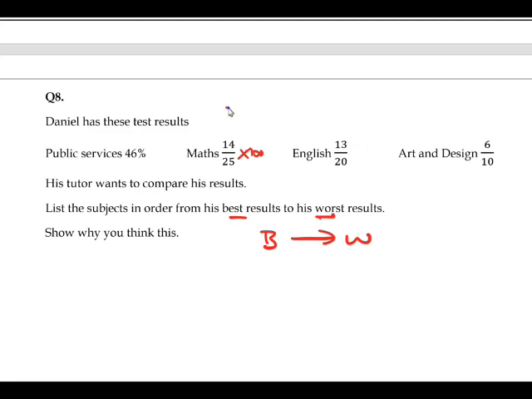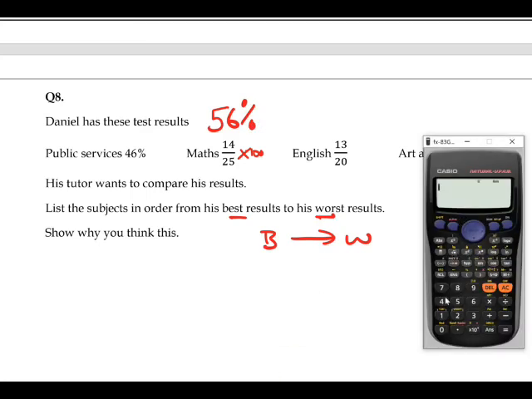And you get 56%. Let me show you that on the calculator. We have 14 over 25 as our fraction. So 14, rocker switch down, over 25, rocker to the right, times 100 to turn it into a percentage, and we end up with 56.